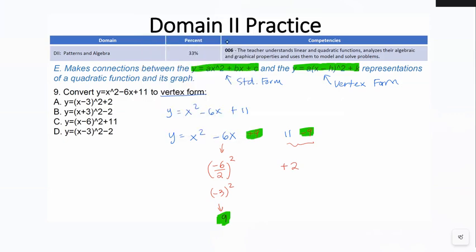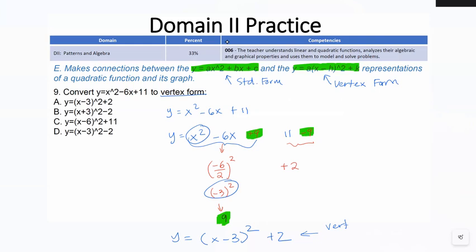So y equals, remember the square and this square, I'm going to put it together: (x minus 3) squared plus 2. That's the value of this. So this is the vertex form.